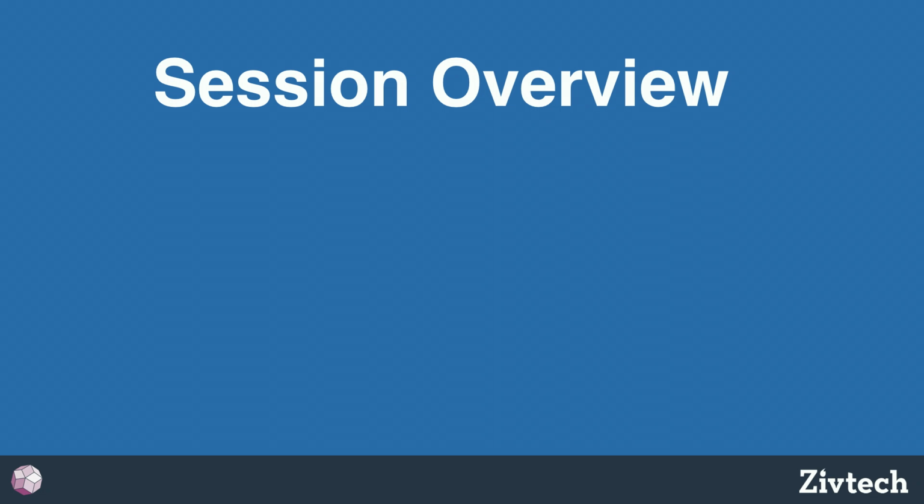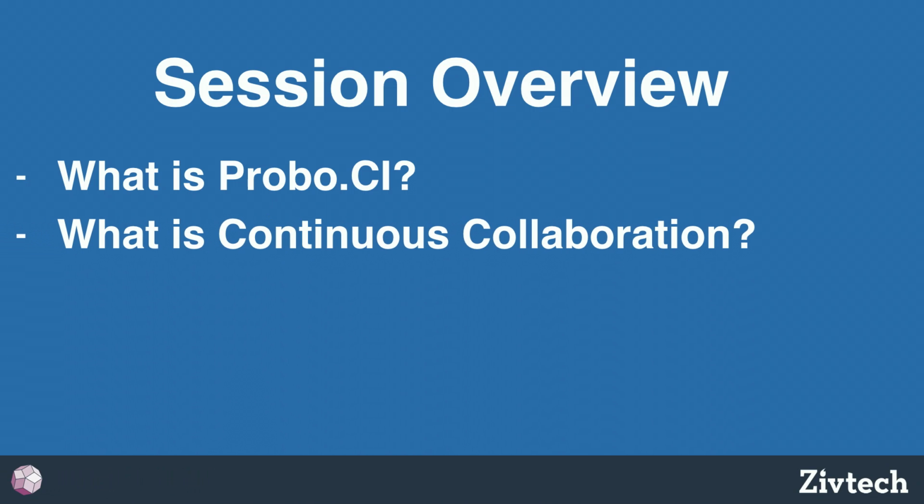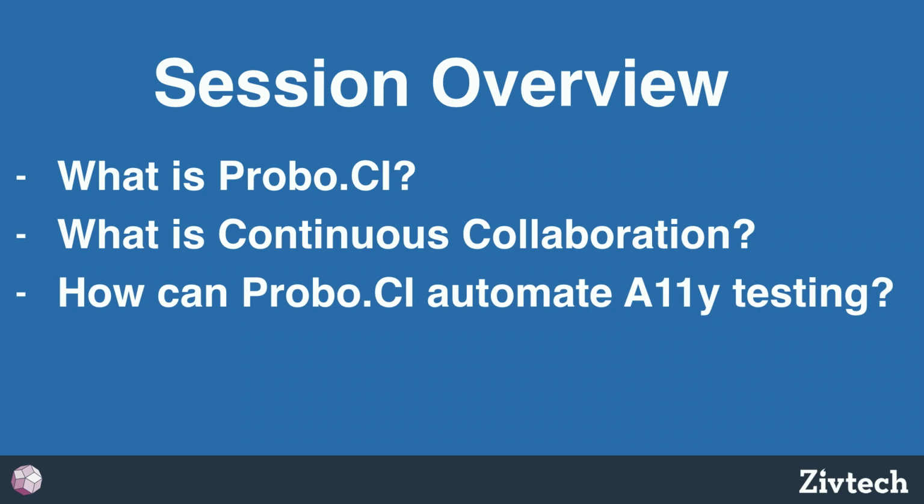Got a session overview here. What is Probo.CI? We're going to go over that. What is continuous collaboration, which is a concept that we've kind of coined the term based on what Probo does. How can you use Probo.CI to automate some of your accessibility testing? I used the abbreviation A11Y because it was too big for the slide.